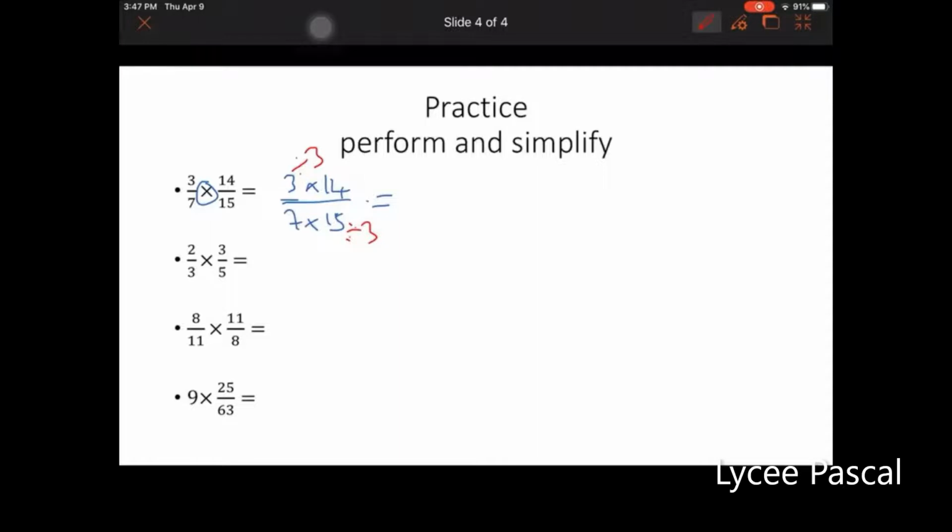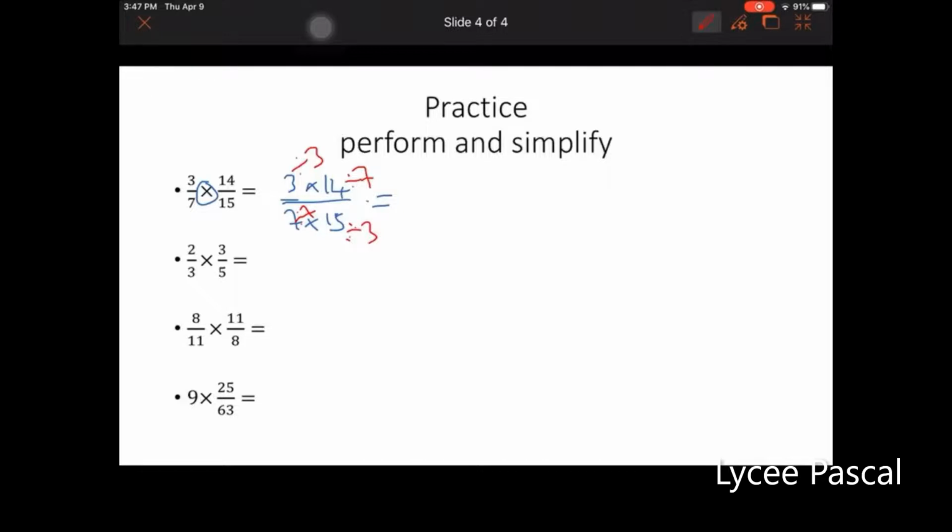And we can also have another divisor for the numbers 14 and 7, 14 in the numerator and 7 in the denominator. The common divisor is the number 7. So 14 is divisible by 7, and this 7 is also divisible by 7.